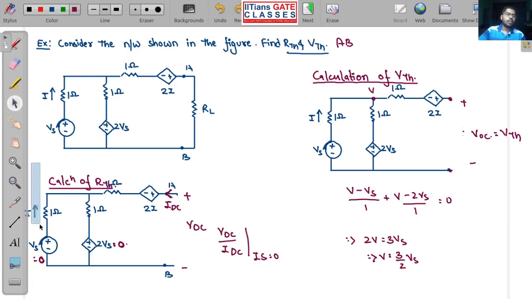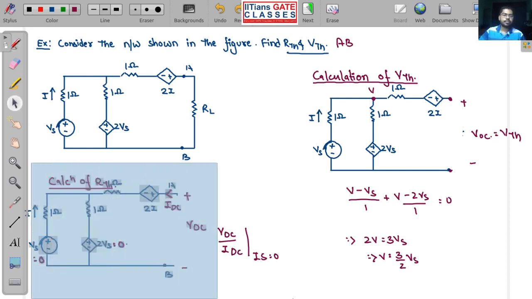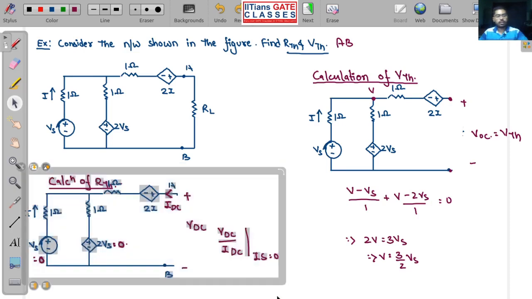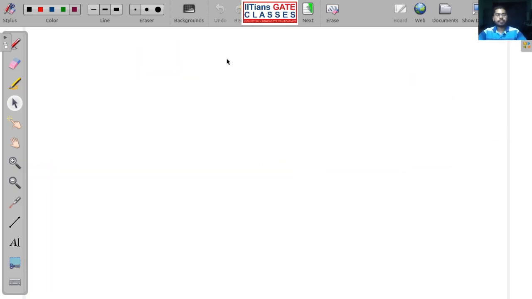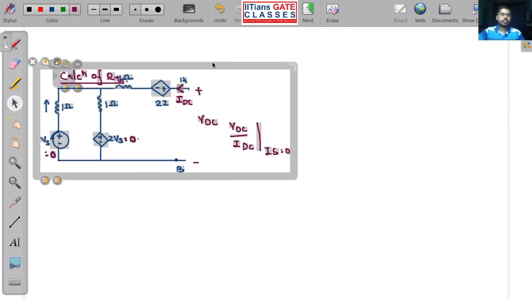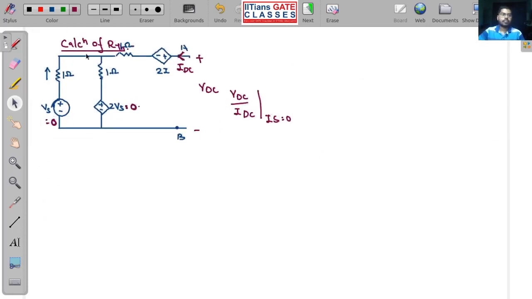So let me do that on the next page. Now let me apply a KVL through this loop.